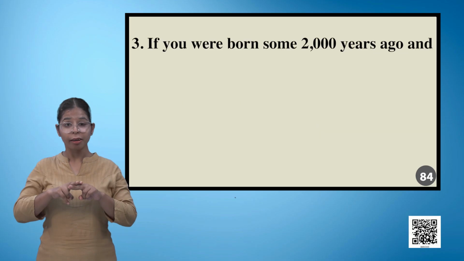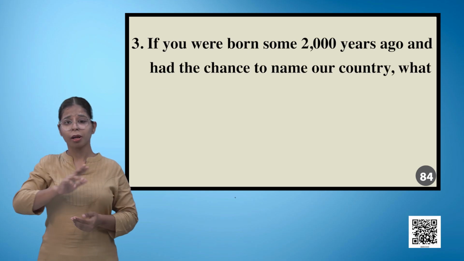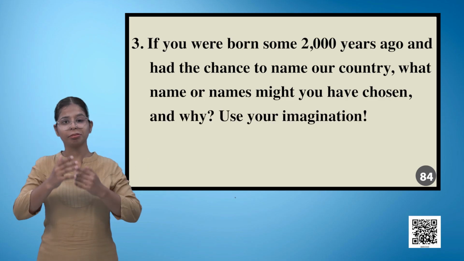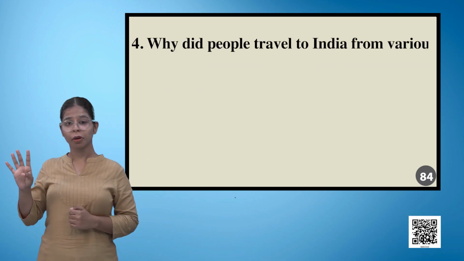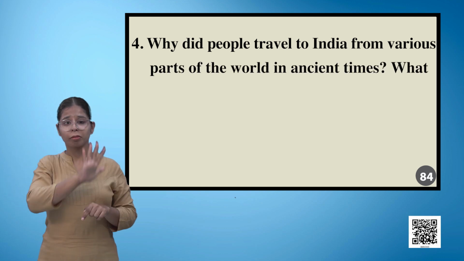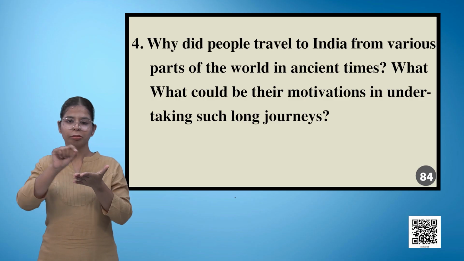If you were born some 2000 years ago and had the chance to name our country, what name or names might you have chosen and why? Use your imagination. 4. Why did people travel to India from various parts of the world in ancient times? What could be their motivations in undertaking such long journeys?